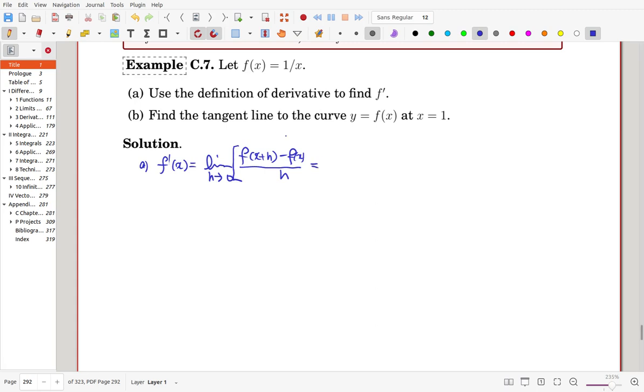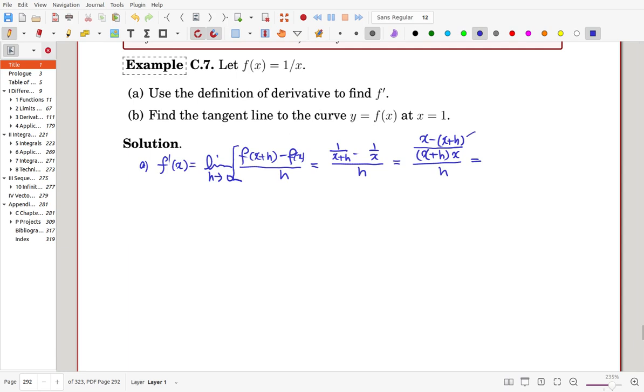That is the same as, now f of x plus h is 1 over x plus h, minus 1 over x, divided by h. So we'll try to manipulate the top. That is now x minus x plus h over x times x plus h, divided by h.